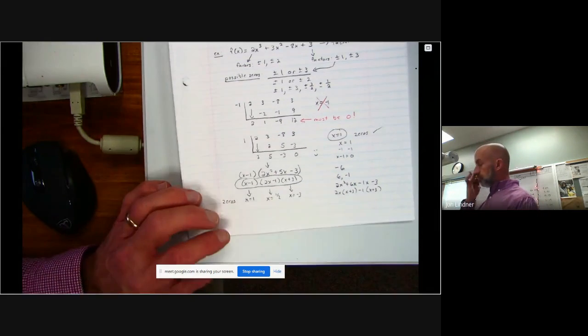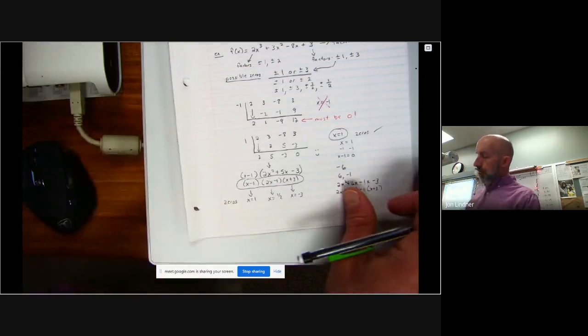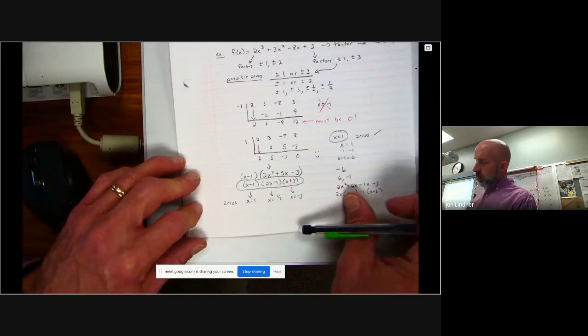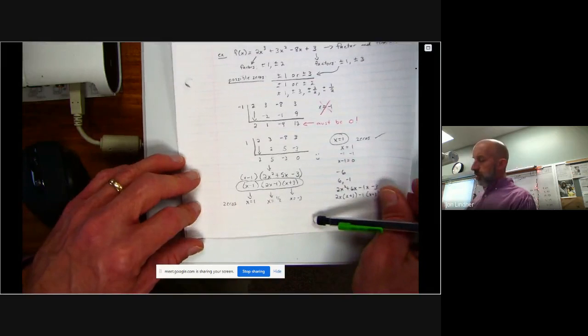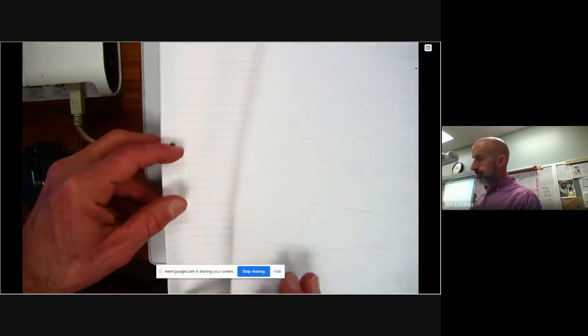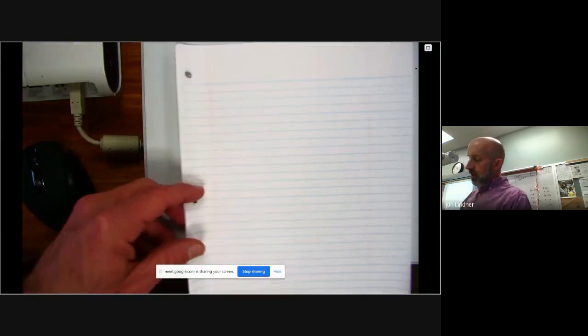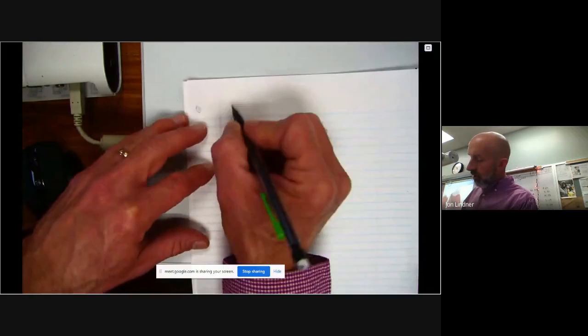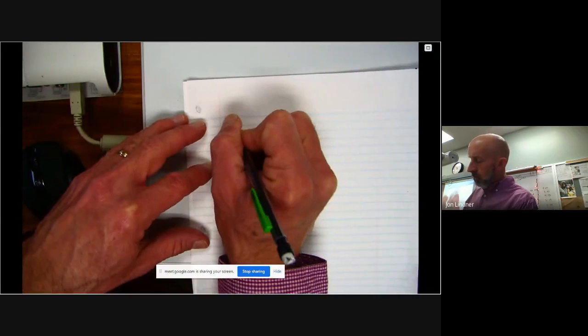All right. Now, before I let you work on the assignment, we should probably talk about what do you do if you have a quartic. What's a quartic? A quartic is a polynomial to the 4th power.